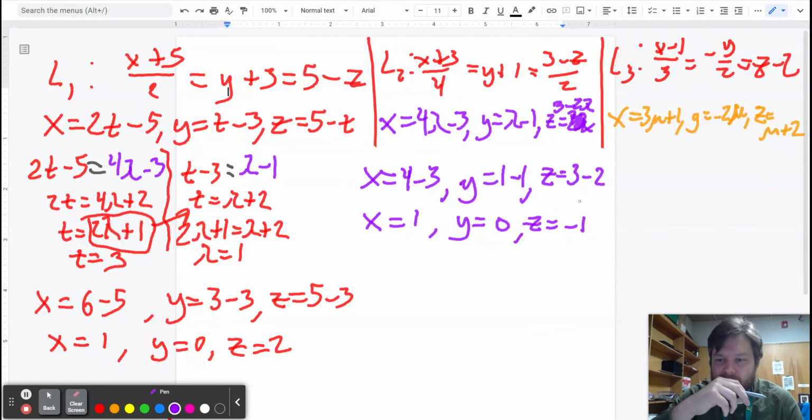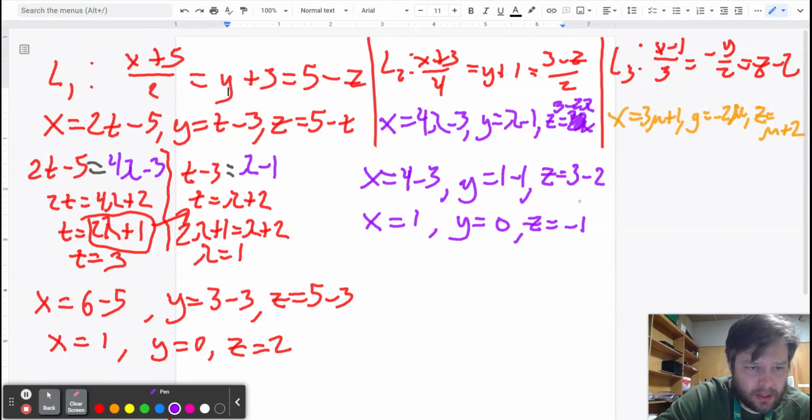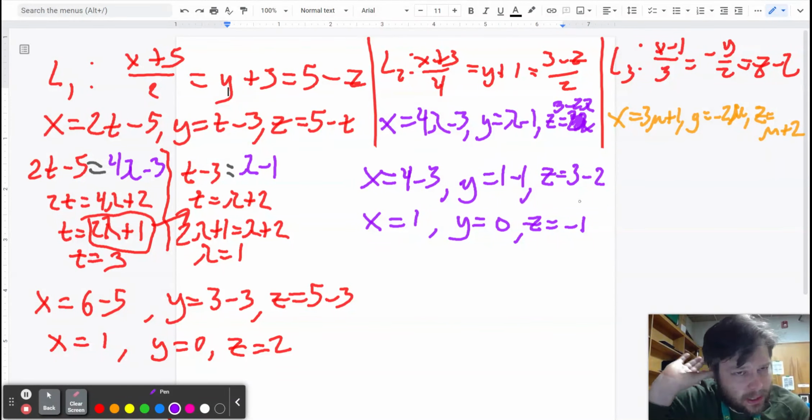What went wrong? Well, we found that when we set the x values together and we set the y values together, we could do that if t equals 3 and if lambda equals 1. I don't think I made any mistakes there. I set 2t minus 5, t minus 3.